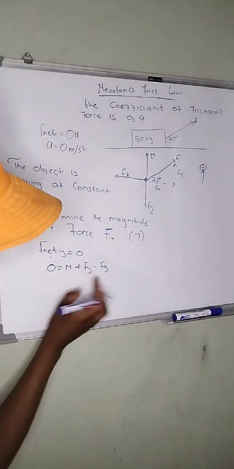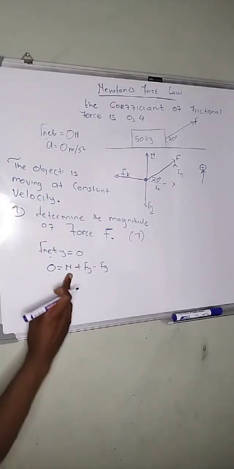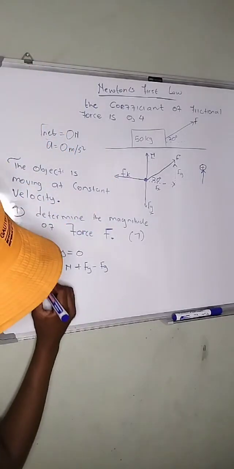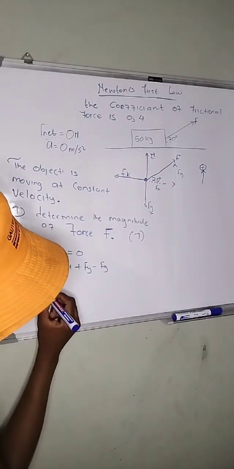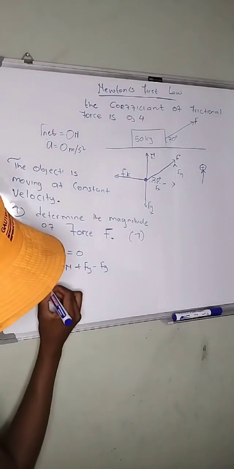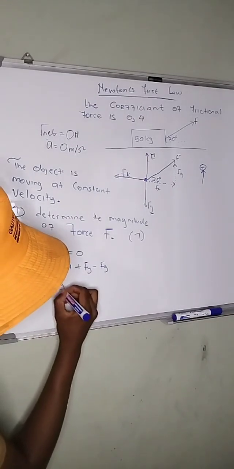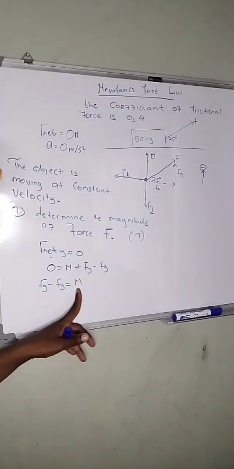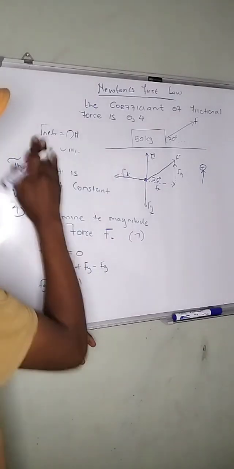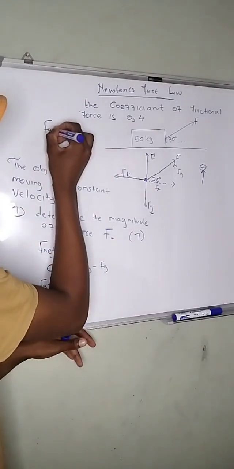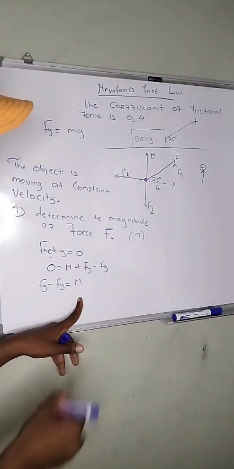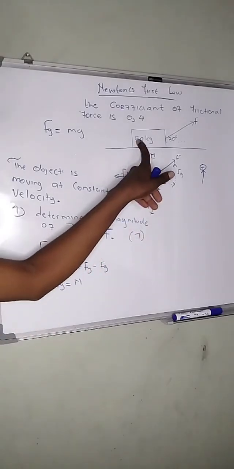So if I take Fy and Fg and isolate the normal force, I'm going to have Fg minus Fy equal to the normal force. Do you get that? And remember, the force of gravity is going to be mg. Let's determine the force of gravity of that object.